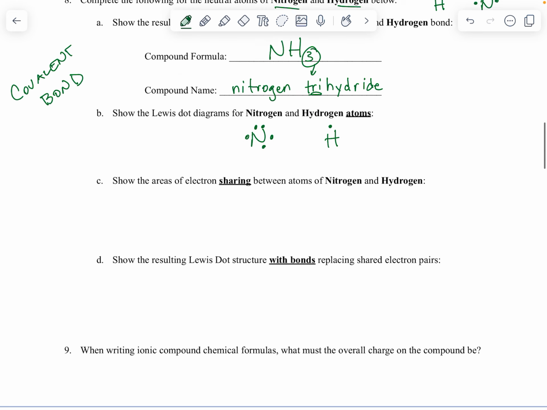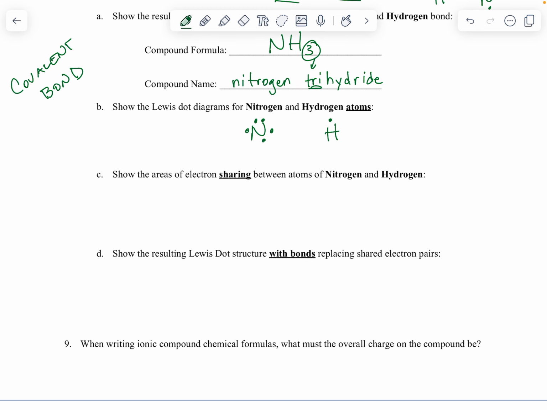So what we're going to do is we're going to come over here, and we know that nitrogen has to be the central atom because it can form the most covalent bonds. So we're going to put that one right in the middle. And so the sharing, right, the sharing, not transfer, is going to happen between hydrogen and nitrogen, and of course we identified that we would need 3 hydrogen in order to do this.